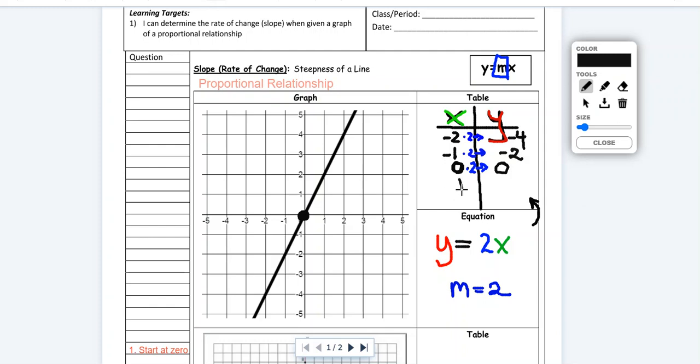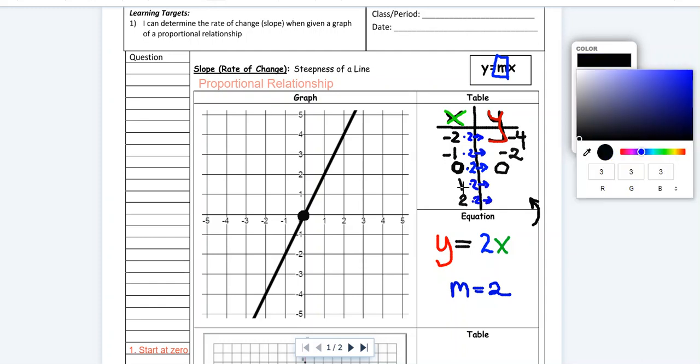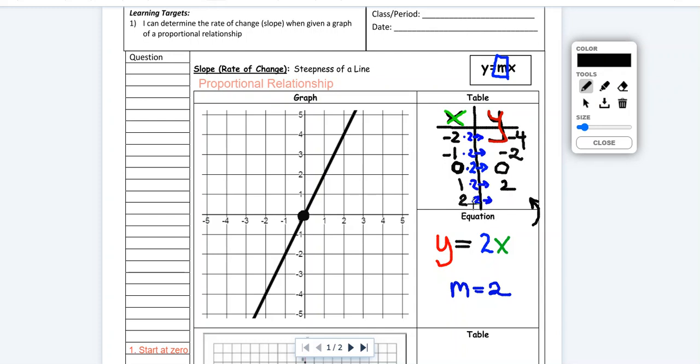Let's try some positive numbers. Let's try +1 and +2. Again, +1 times, you guessed it, 2. We're always multiplying by our slope to get y. So 1 times 2, or our slope, is going to give us our y value of 2. 2 times 2 gives us our y value of 4.